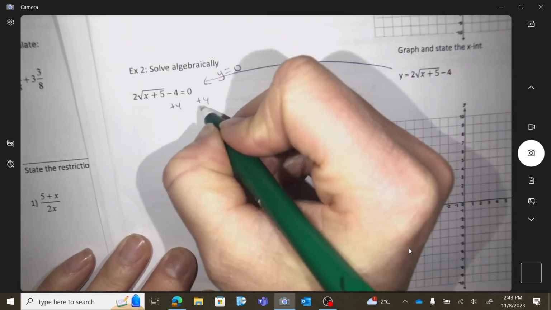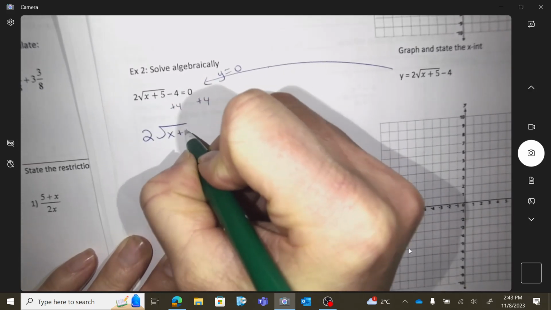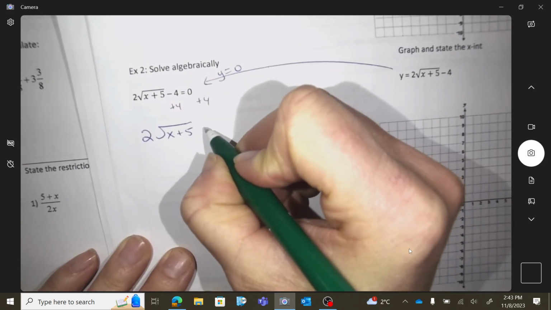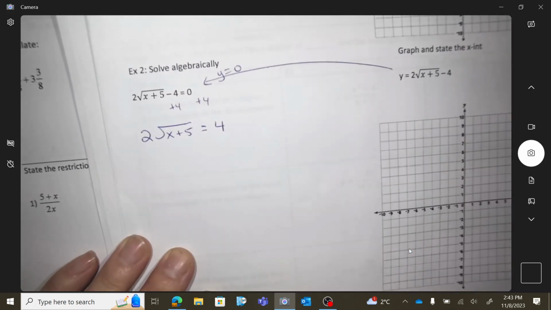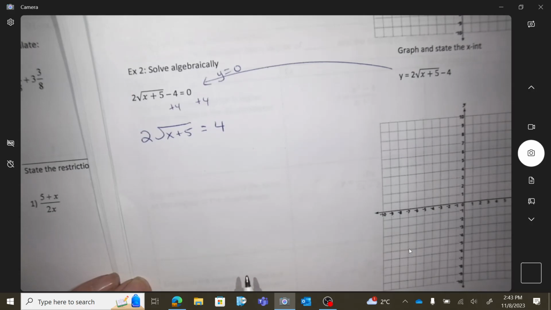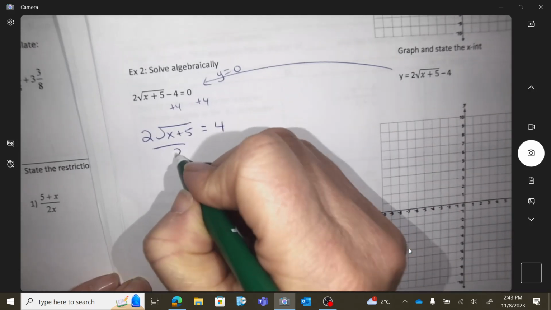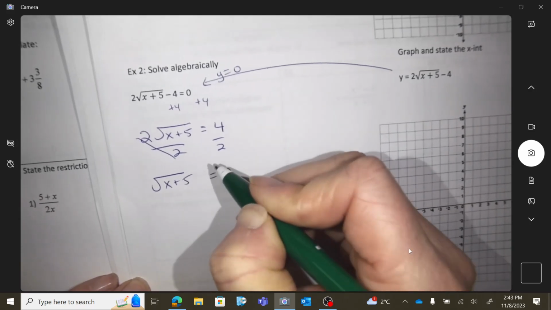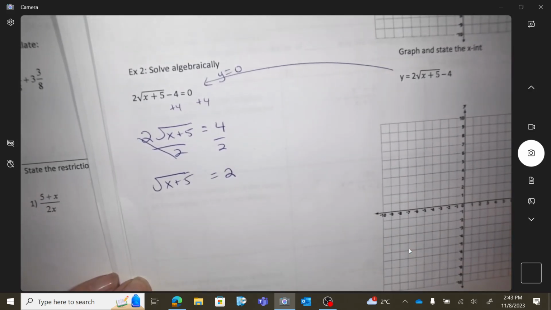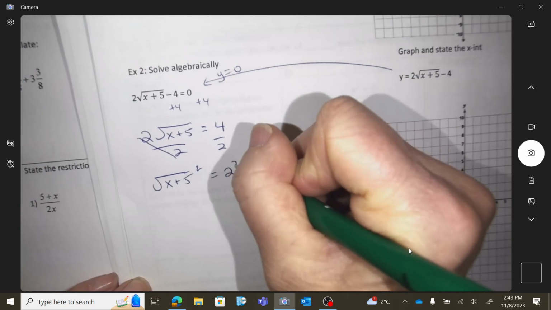Add 4? Would that be your first step? And then I want to divide by 2. Then I want to square.